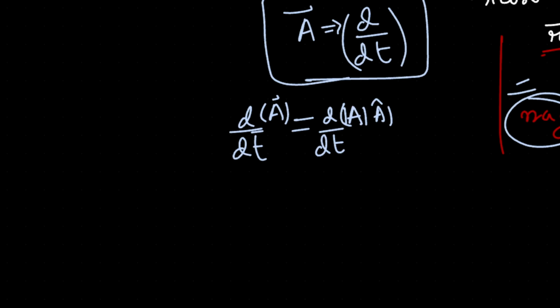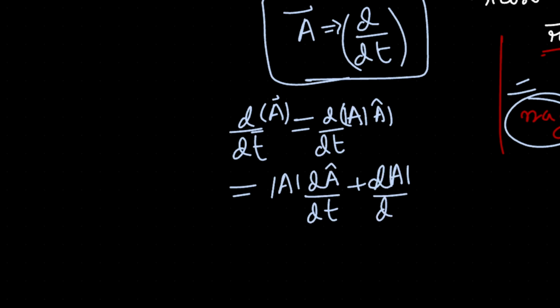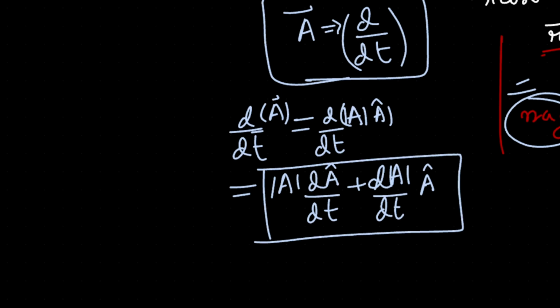Yes, we know that. Therefore we can write this as the magnitude times the change in the direction, plus the change in the magnitude keeping the direction constant. And this is how a vector changes with respect to time. It can change in its direction, or it can change in its magnitude.